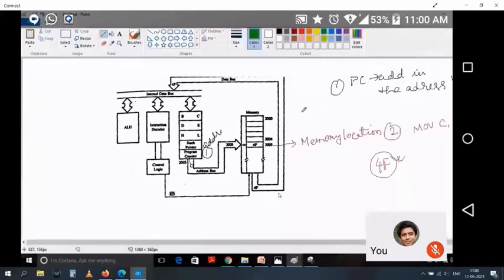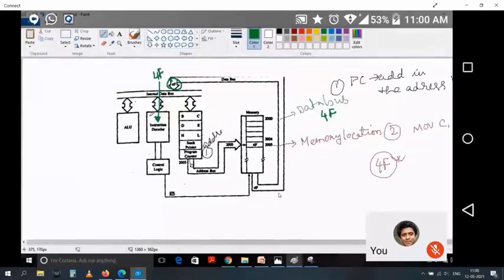Okay. So after reading, this is my data bus. So it has put this information 4F into the data bus. Now the data bus, see, it is carrying here. Here, this 4F information is put. So my information 4F has come. Where has it come? It is going to the instruction decoder here.